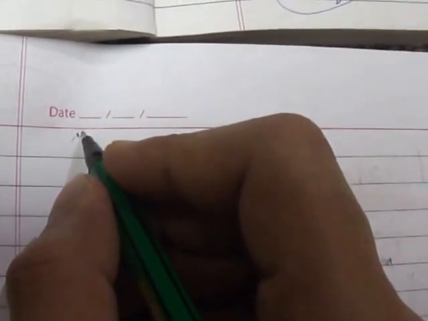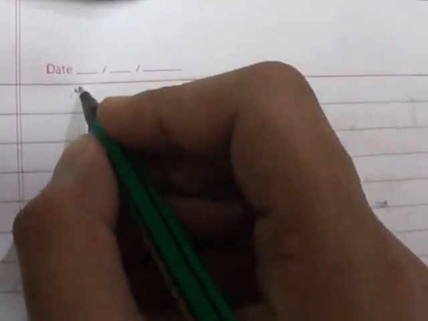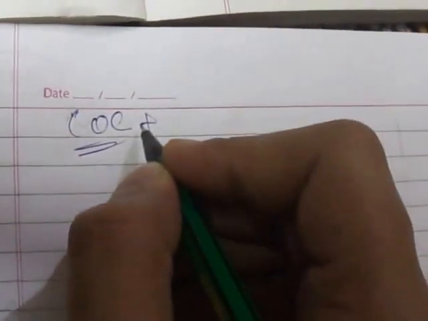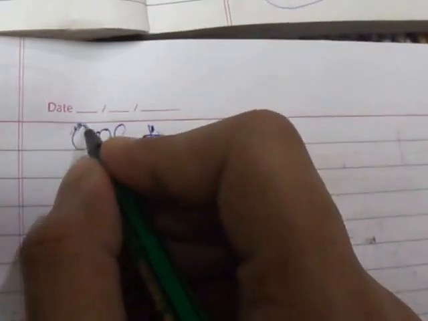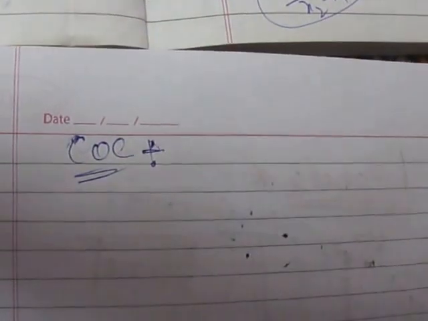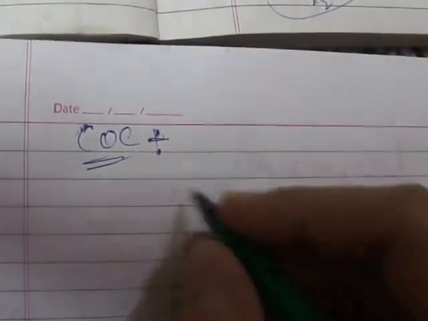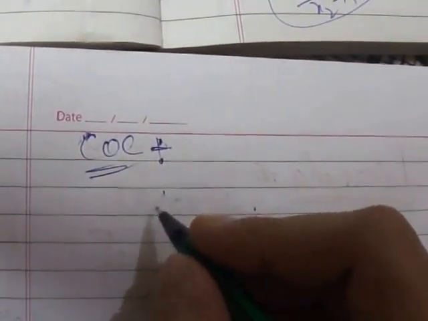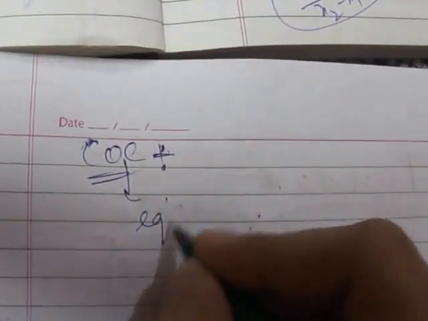First, the important concept of chord of contact, COC. We discussed in the previous session that the COC of any curve has the same equation as the tangent at x1 comma y1.